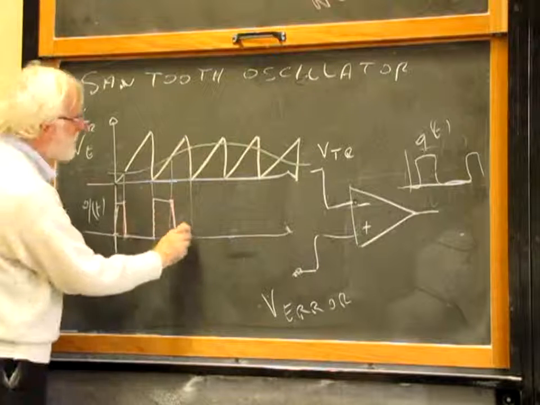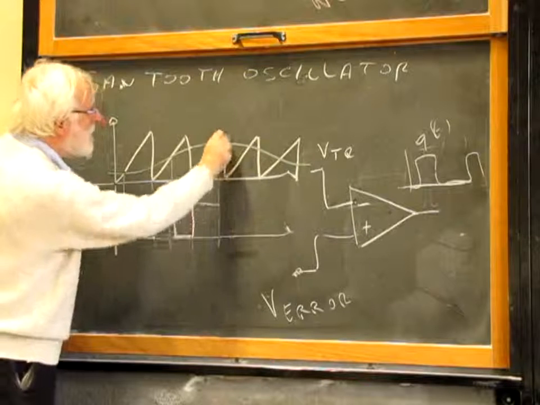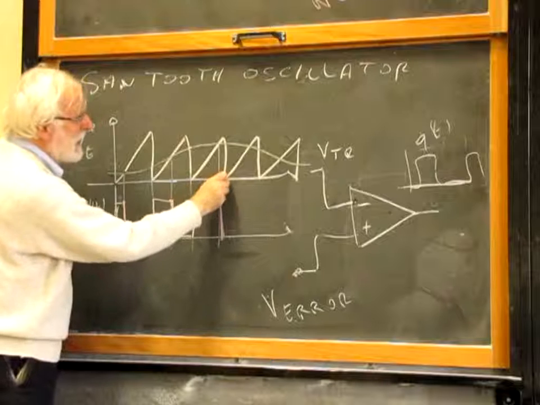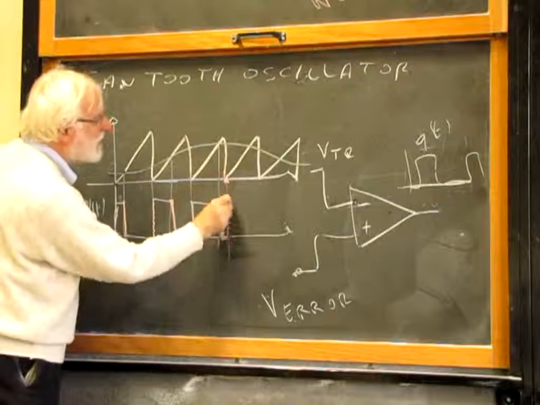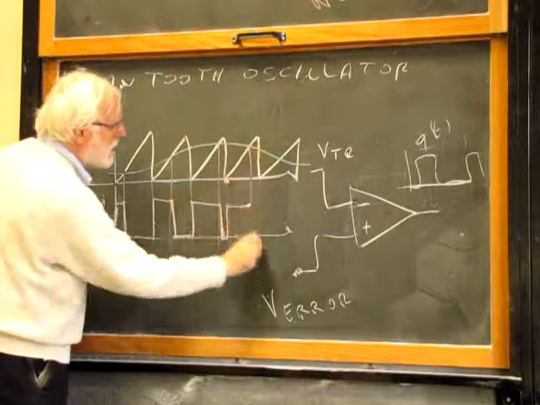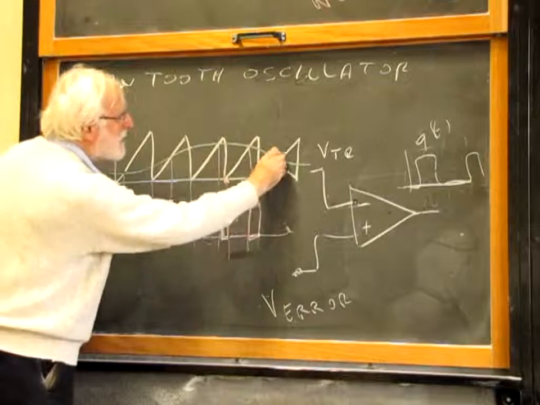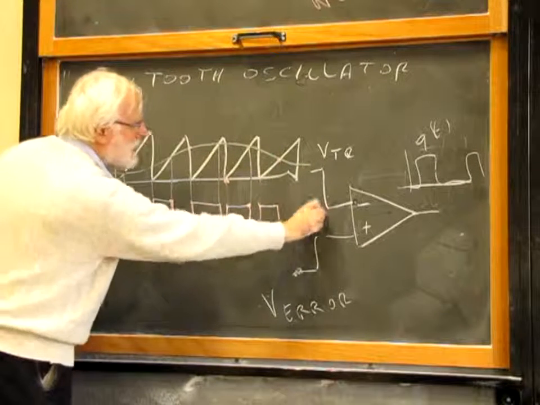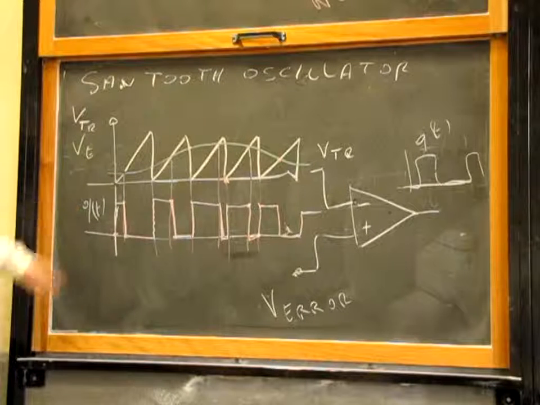At this point it goes up again, stays high up to this point. Here comes down, comes up again at the beginning of the next cycle. Over here it stays high up to this point in time, comes down, stays down for a while, goes up again, stays high, comes down, and so on. This is my switching function.